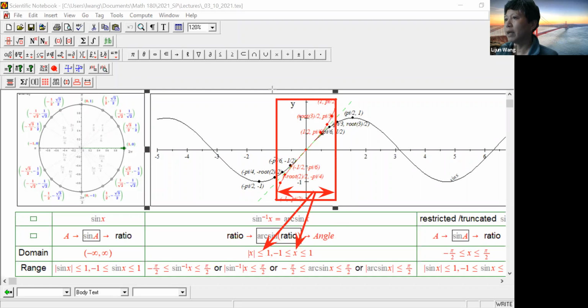How about the vertical span? Let me change the color. Green. The vertical span tells you the range, in all these different forms.